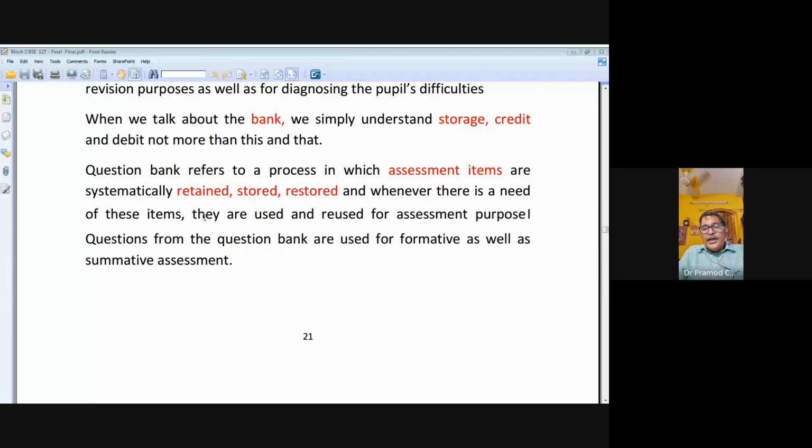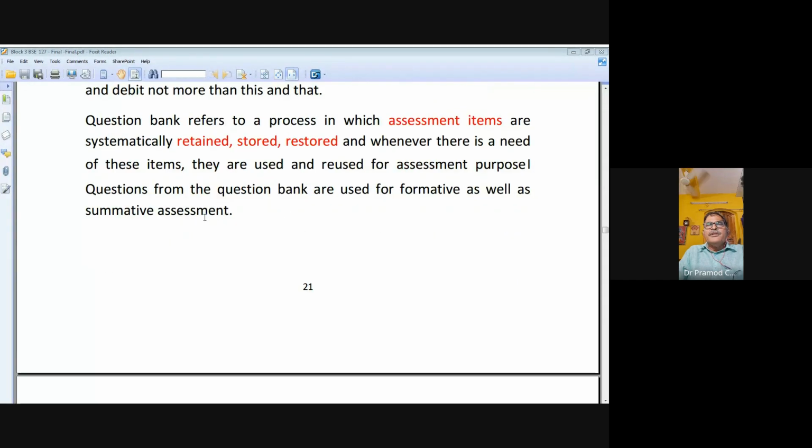Not only will it help the students, but it will also help the teachers very much, because the teacher can prepare the question papers accordingly, with no repetition of previous questions.